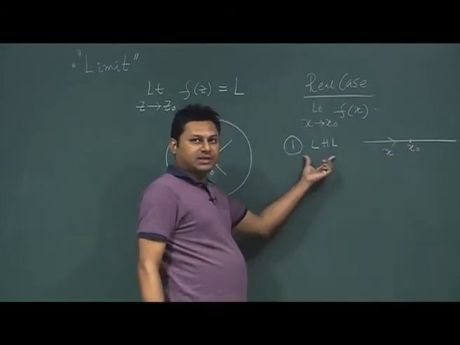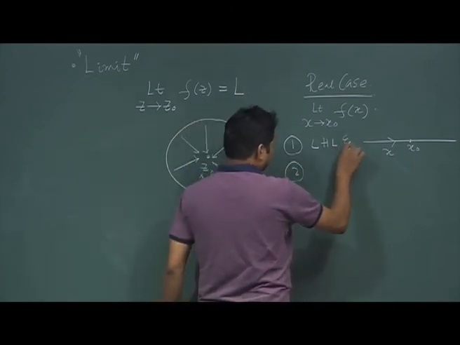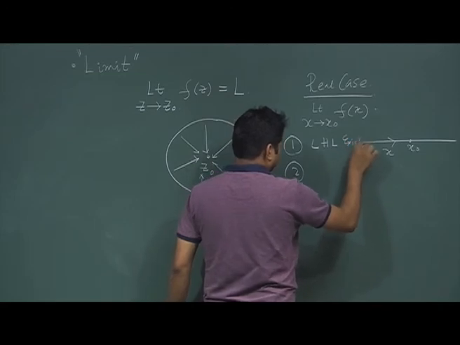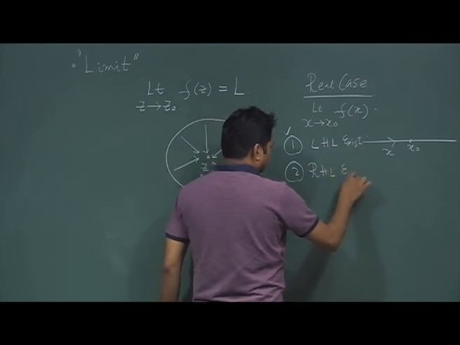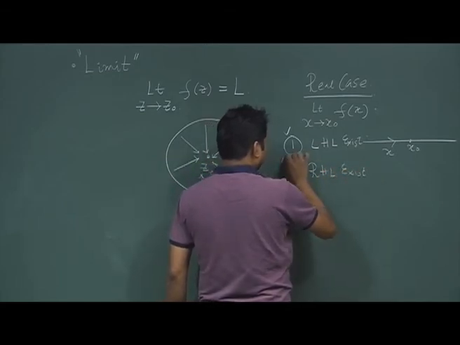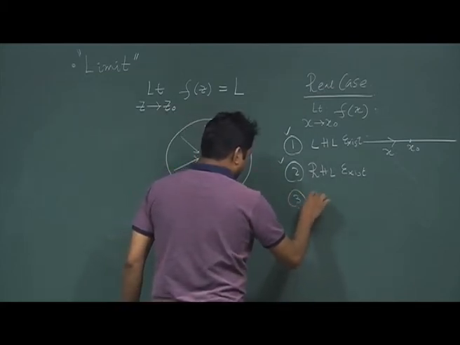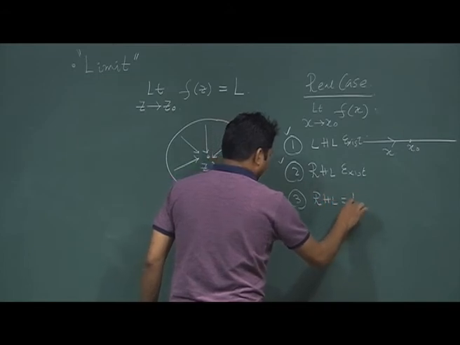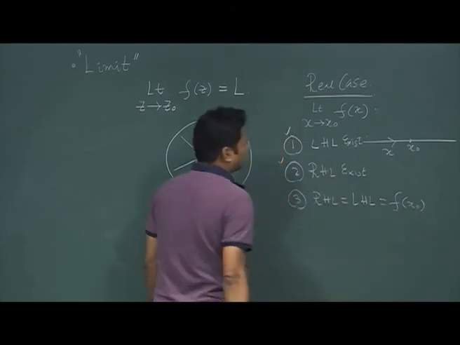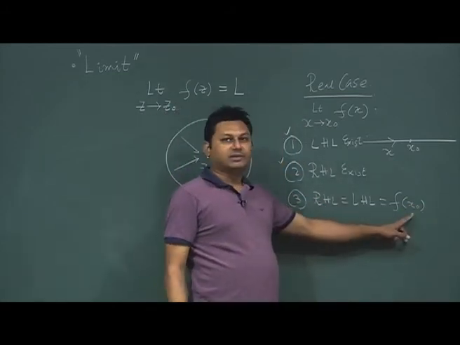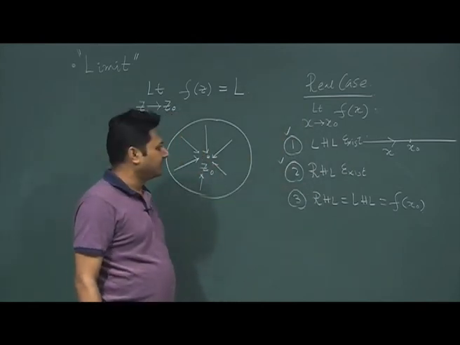Left hand limit exists, checked. Right hand limit exists, checked. If these two limits are the same, that is, right hand limit equals left hand limit equals the value of the function at that point, then we can say that the limit exists.